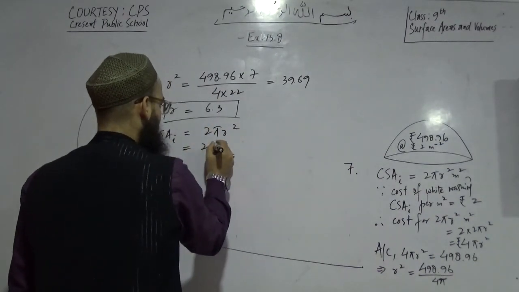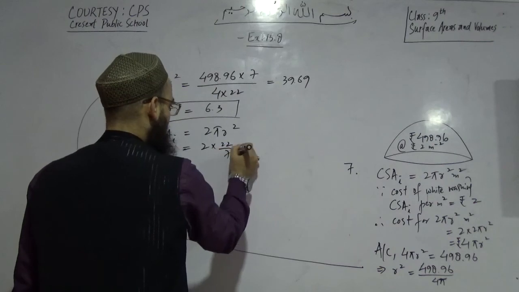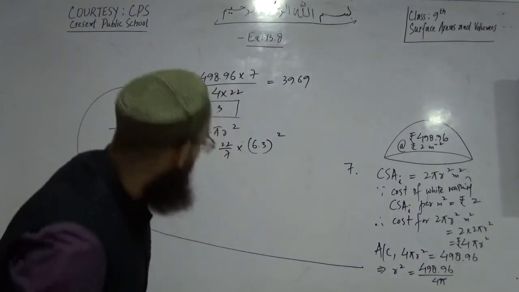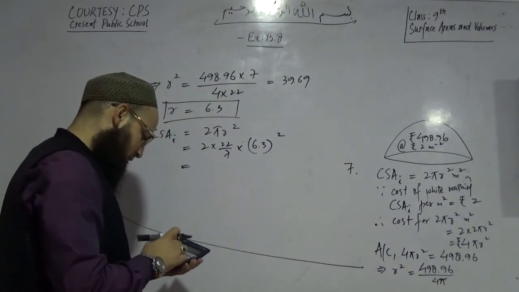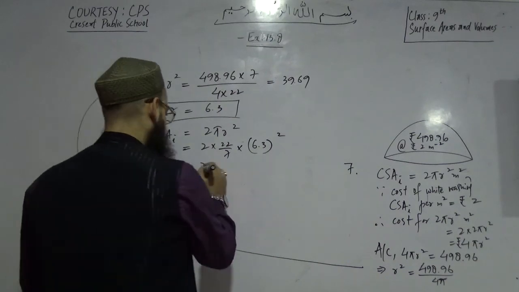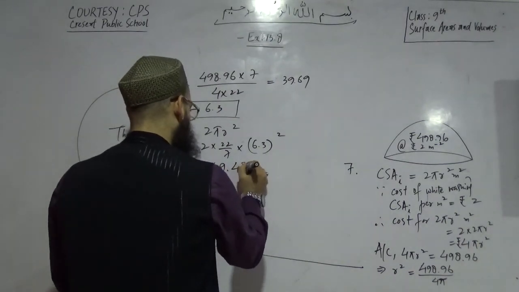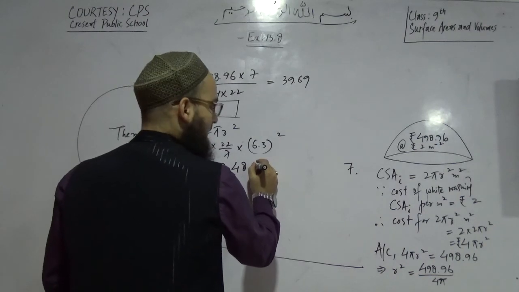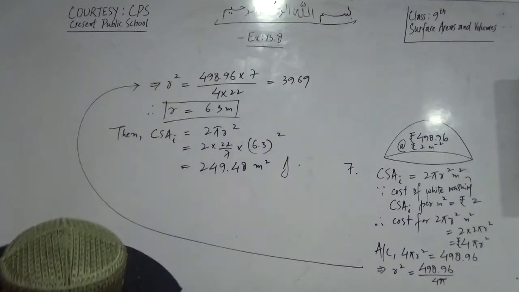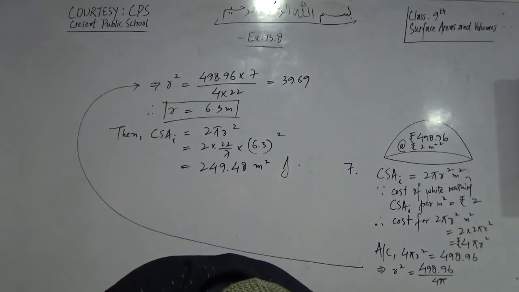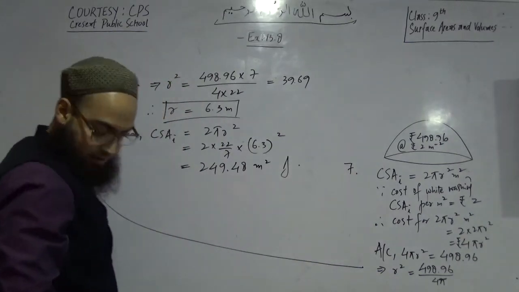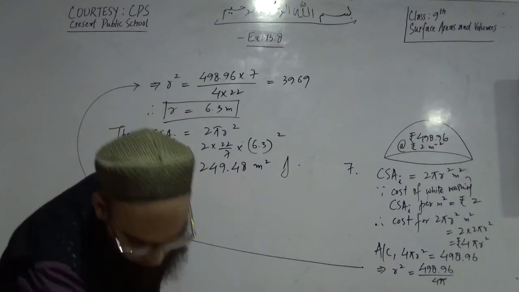That will give you 2 times 22 by 7 times 6.3 square, and that will give you 6.3 times 6.3 times 44 divided by 7, 249.48. It's in square meters, and that's your answer. Now the second part is to find the volume of the air inside.